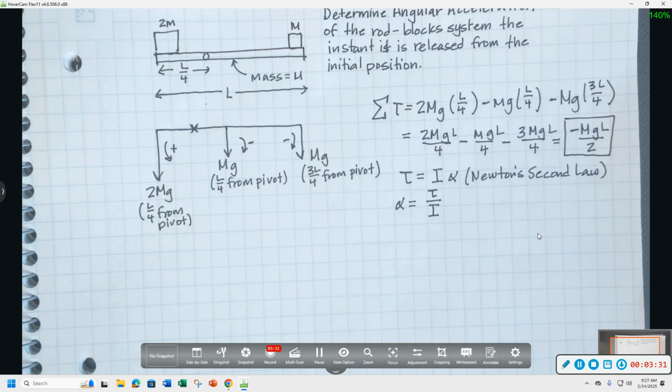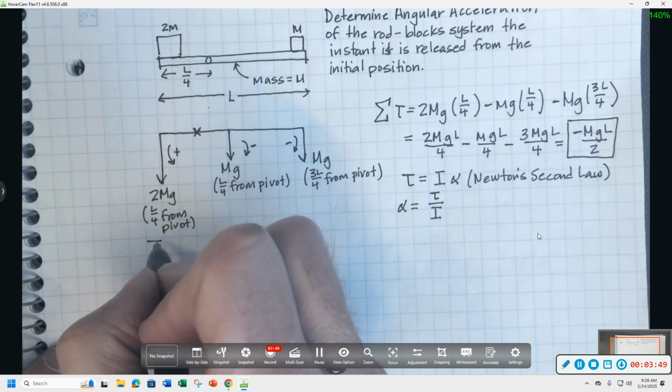Now, here's where it gets complicated. To find the rotational inertia, we've got to find the rotational inertia of the whole system. Okay? There are how many components to this system? 3. Okay?